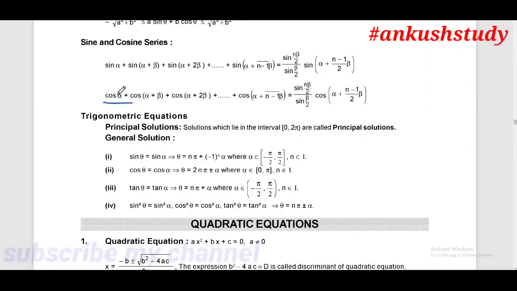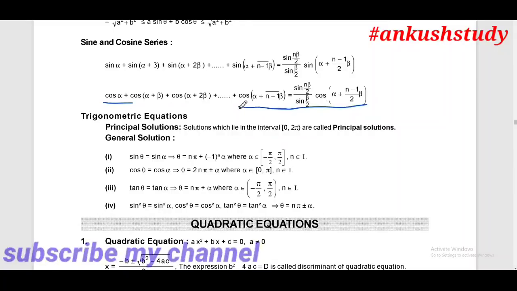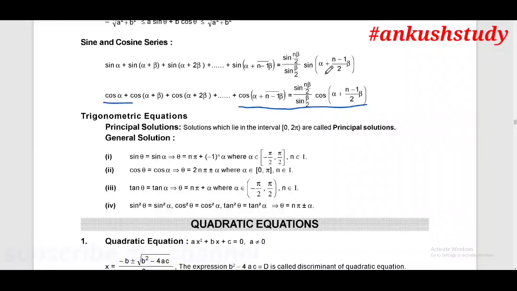And the next one is cos alpha plus cos (alpha plus beta) plus cos (alpha plus 2 beta), the same way up to cos (alpha plus (n minus 1) beta), equals sine (n beta upon 2), the whole upon sine (beta upon 2), into cos (alpha plus (n minus 1) upon 2 beta).